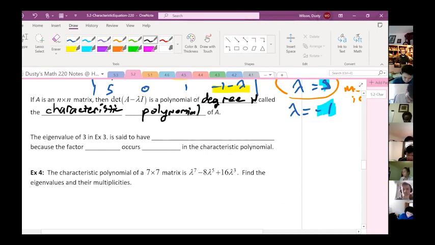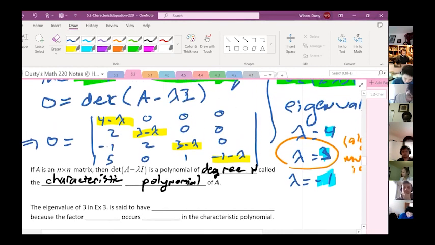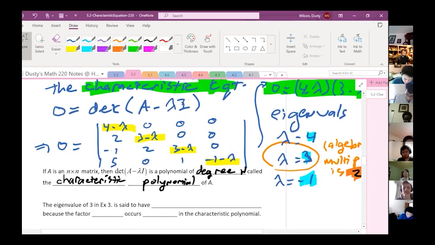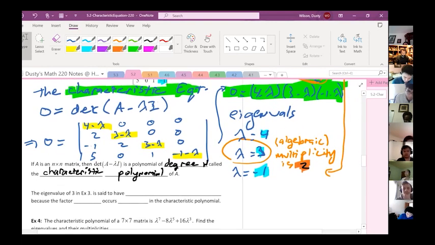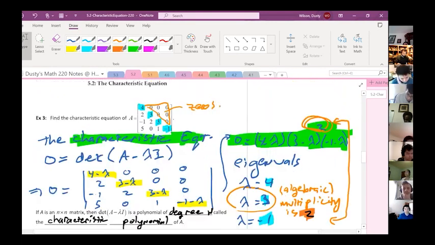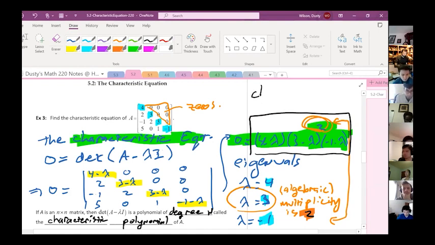We talked about this at the end of class yesterday, but just in case you don't remember, the green thing up here is the characteristic equation, but the part that's just here in black would be our characteristic polynomial. So everything except for the equals 0 part.